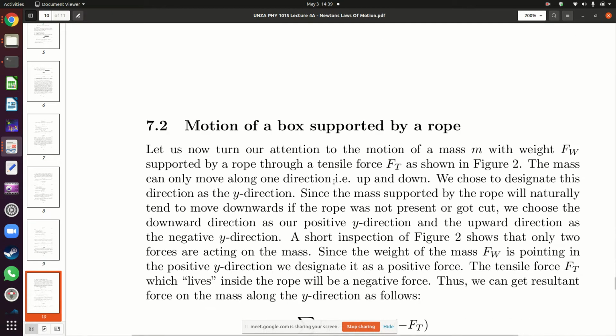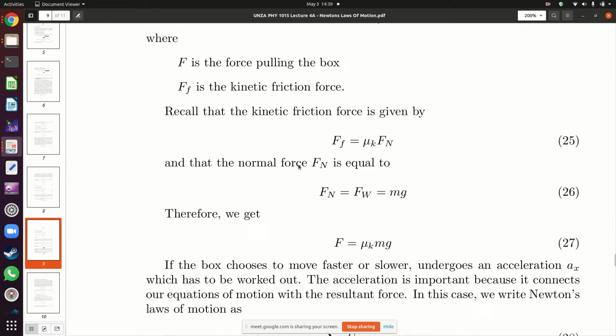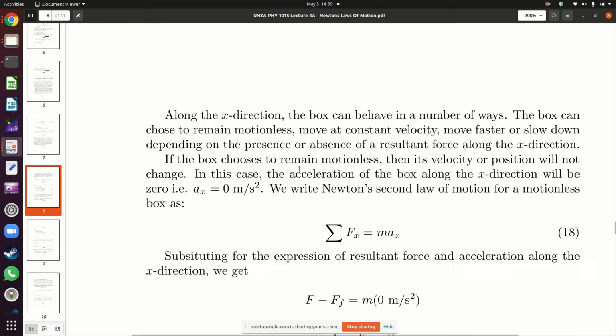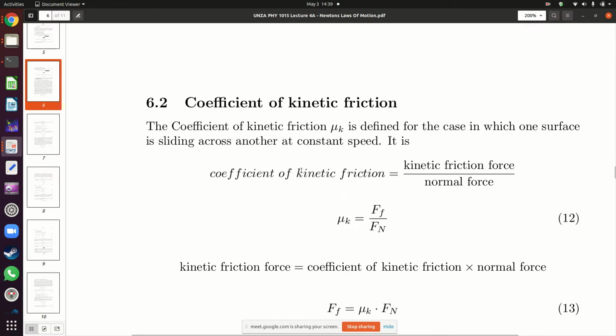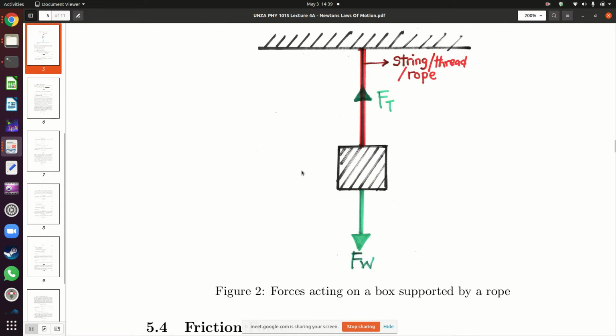The other case, which is also very common in first year physics, is when you have a mass supported by a rope, as in this case here. Instead of the box being on a flat surface, now we hang this mass from a rope.